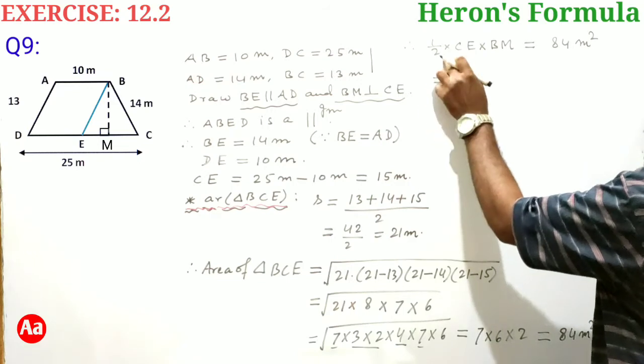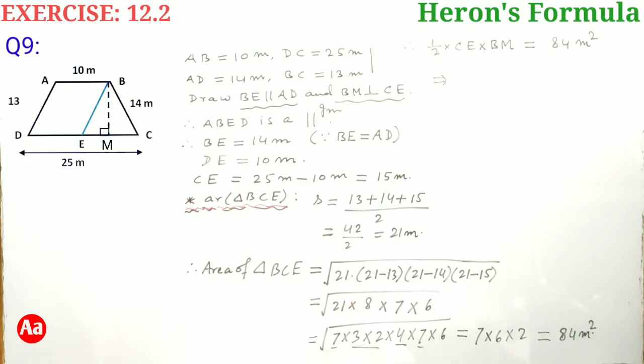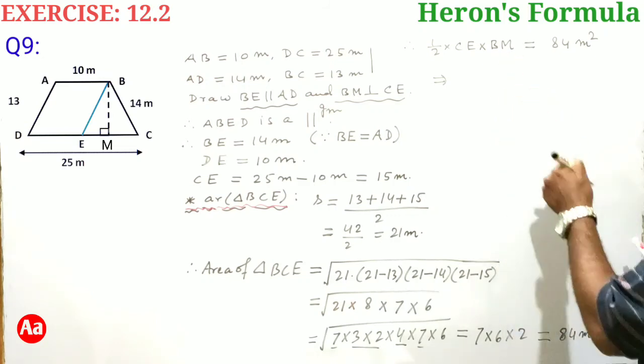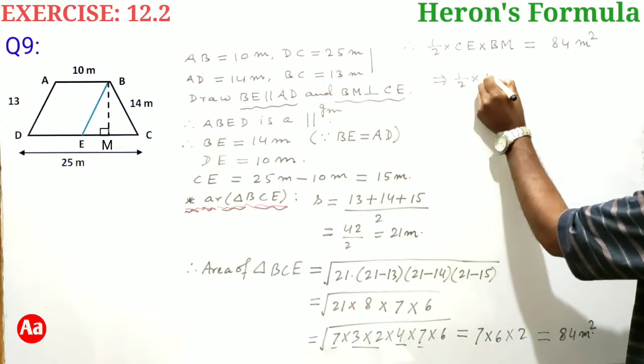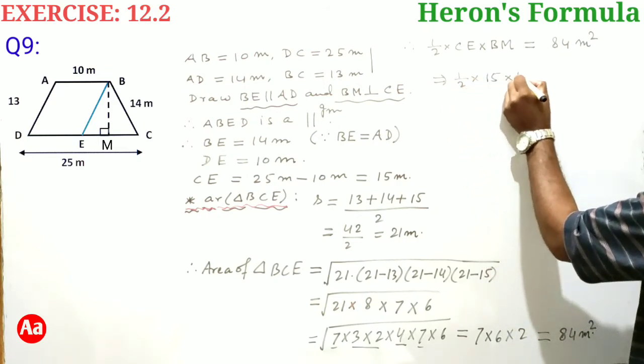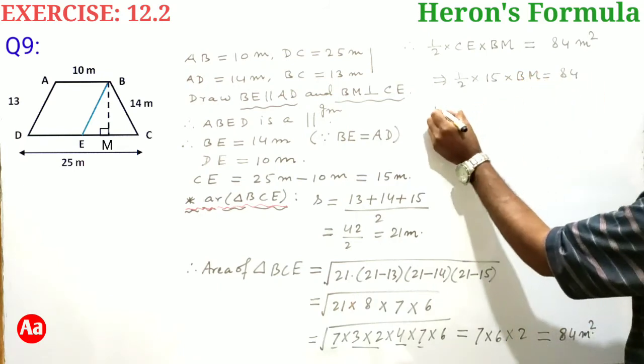Using this, half into base into height equal to the area of triangle BCE, we can find BM. Half into CE 15 into BM equal to 84.